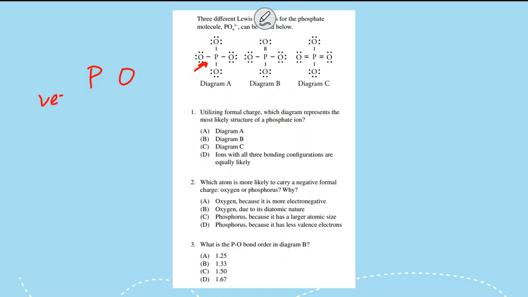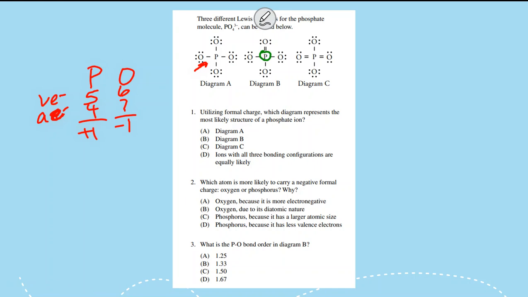Valence electrons versus assigned electrons. So phosphorus is 5, and this would be 1, 2, 3, 4 for it, so that's +1, and then oxygen is 6, and then 6 dots and 1 line means 7, so that's going to be a -1. So that's for that particular one. Now let's look at this phosphorus right here.